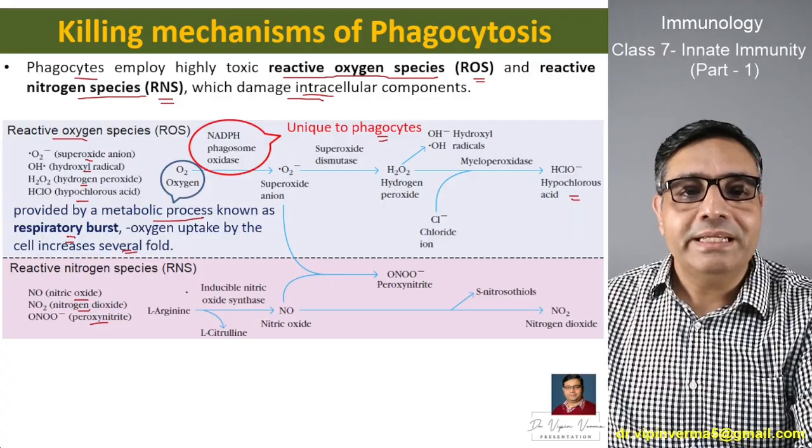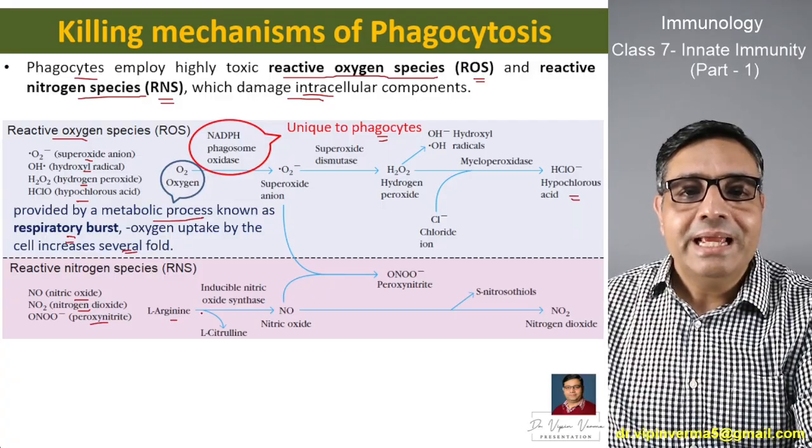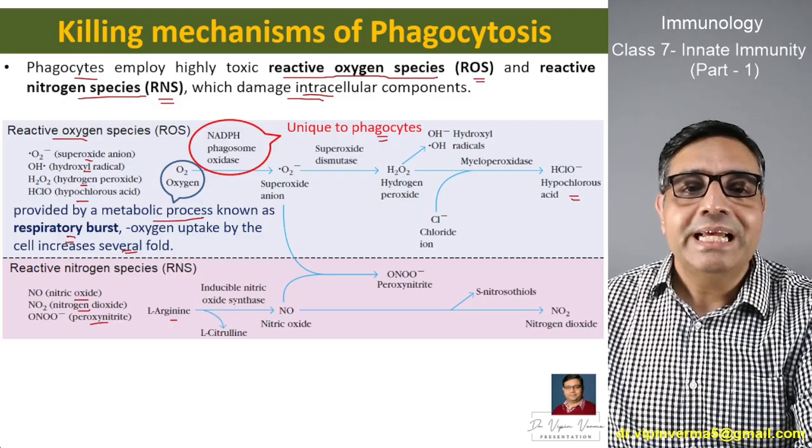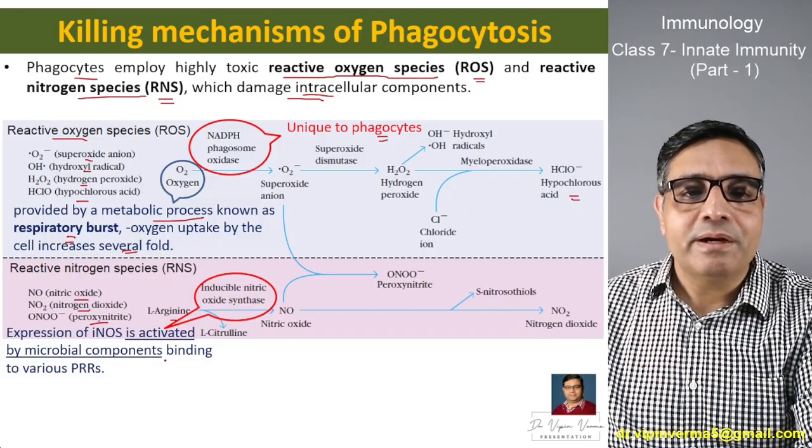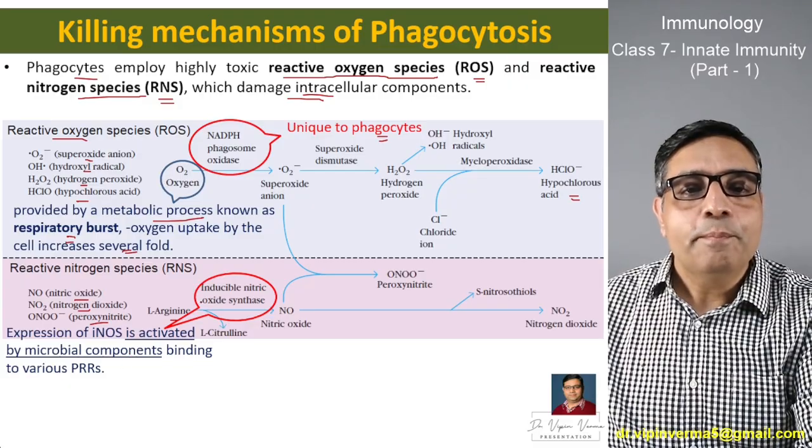Now here if you see, we have L-arginine and we have inducible nitric oxide synthase, which is iNOS, right? Its expression is activated by microbial components binding to various PRRs. Remember, iNOS is activated by microbial components binding to various PRRs.